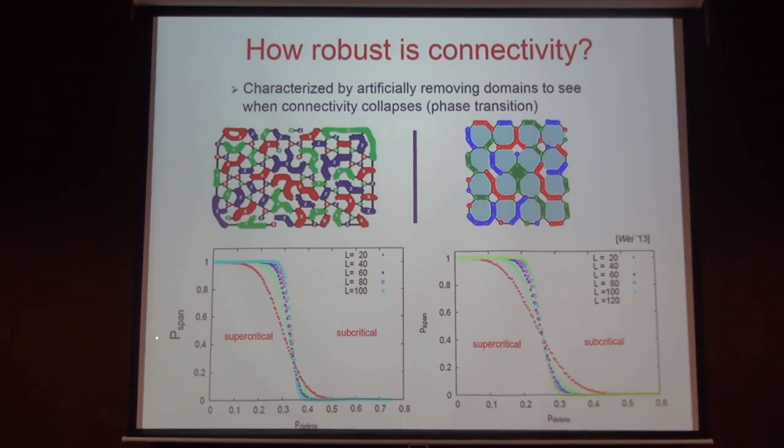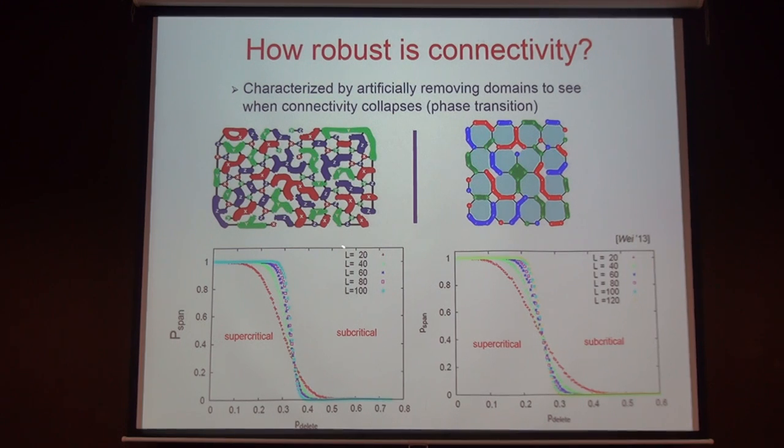Therefore, the probability of a so-called spanning cluster is 0. So I do this for different lattice sizes. This is for 20, giving a curve like that, and 60, and 80, 100. There's a crossing here indicating that there's a phase transition. In fact, this is the usual percolation transition. So you can identify the critical point here.